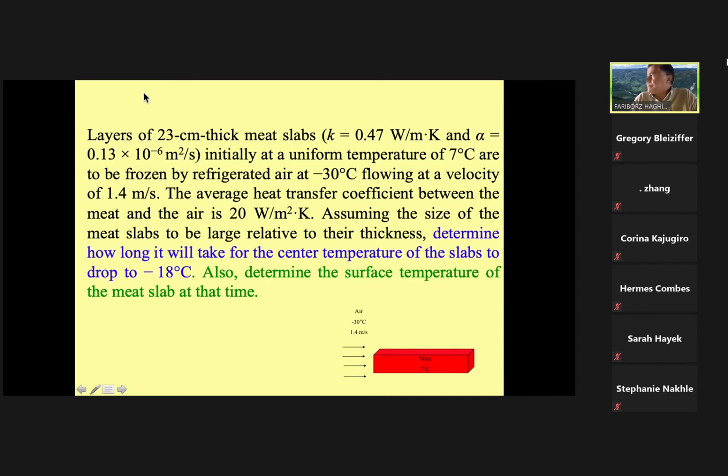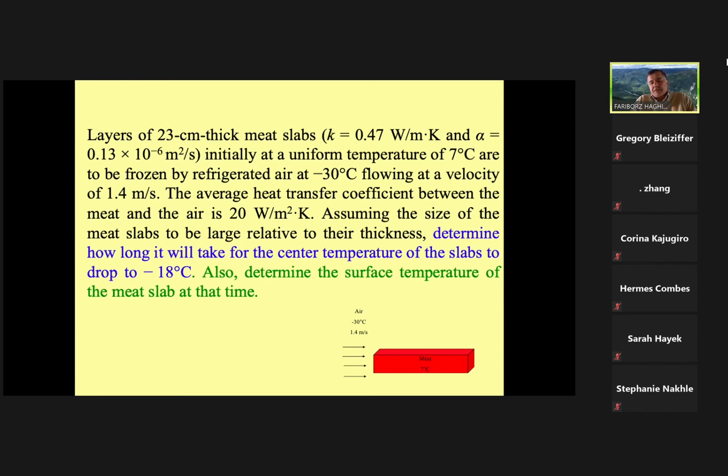Any suggestion? Therefore, we have a slab of meat. The thickness is 20 centimeter, initially at 7 degrees. We place it in the fridge at minus 30 degrees.